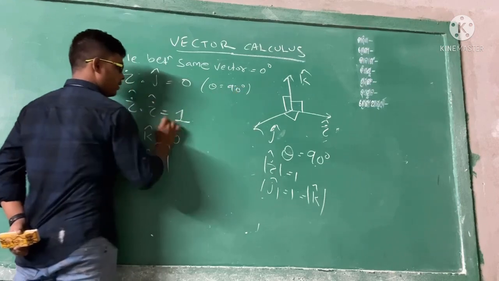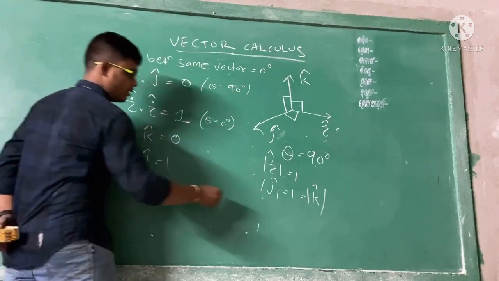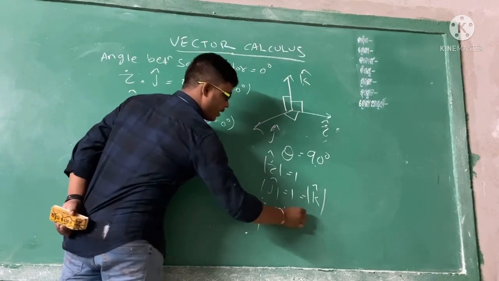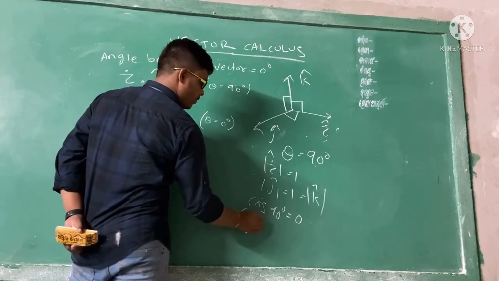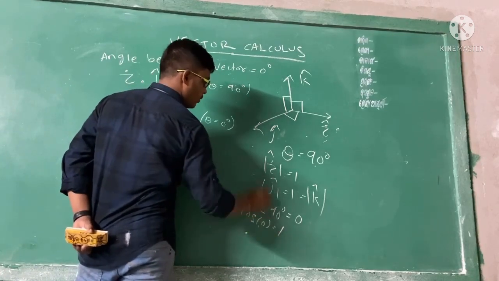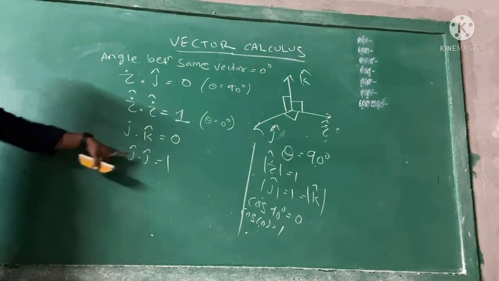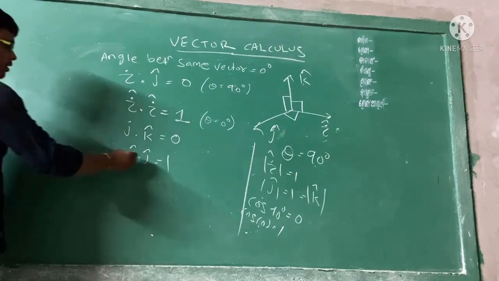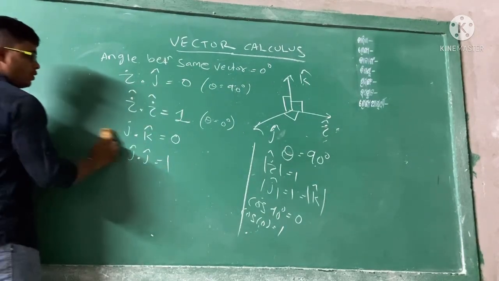So here theta is 90 degrees, but for i and i, theta is 0. And remember this trigonometry: cos 90 equals 0 and cos 0 is 1. We know this from 10th class. So j dot j equals 1, j dot k equals 0.